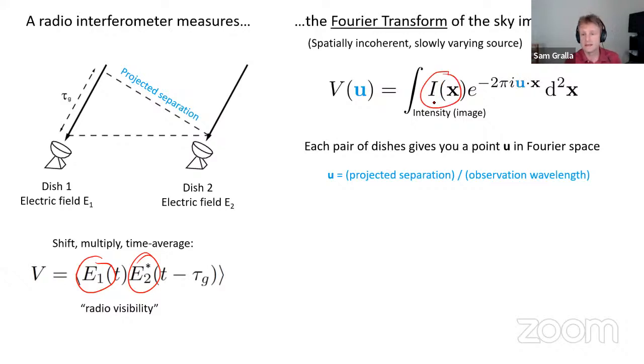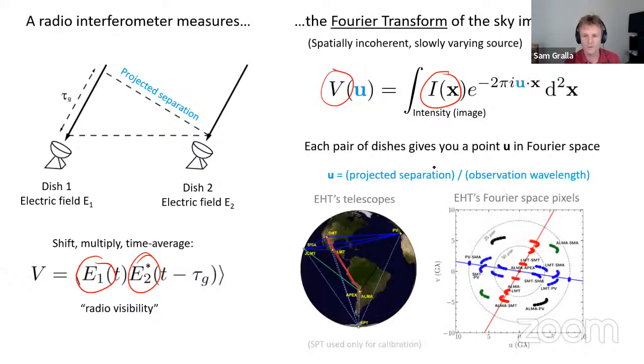Here the intensity is the image. That's what we talked about at the beginning with the camera. That's what's actually on the sky. And what you measure is a component of V. V is the visibility. It's just the Fourier transform. So when you think about EHT's measurement, you should think about, number one, what is the Fourier transform of the sky? In the direction they're looking at, there's an image. What is its Fourier transform?